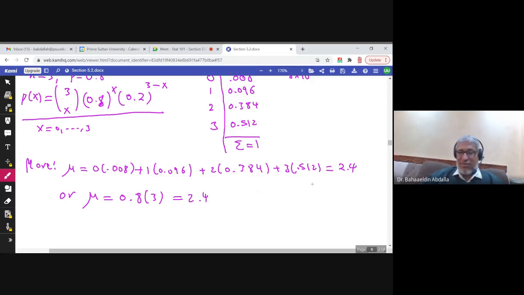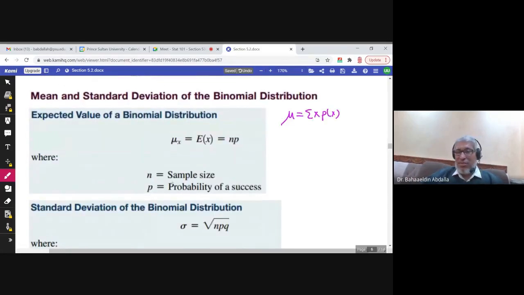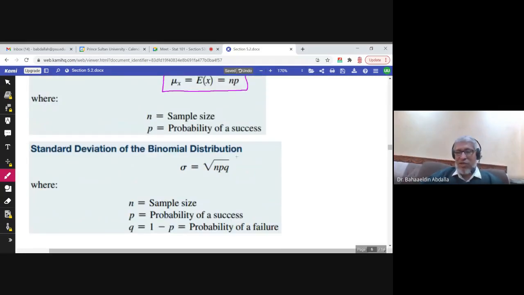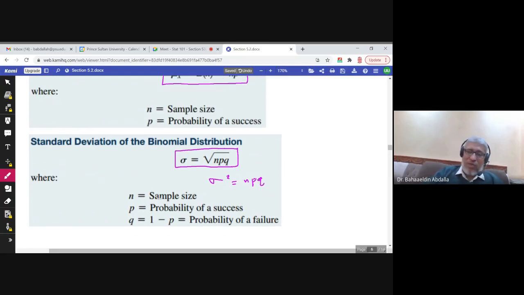That's the answer. So when we deal with binomial distribution, there is an easy way to find the mean, which is NP. You just multiply N times P. This will give you the expected value. Also for the standard deviation, square root of N times P times Q, where Q is 1 minus P. Remember that the variance is sigma squared, and you can find it by multiplying N times P times Q.